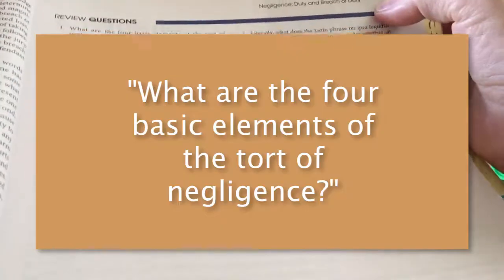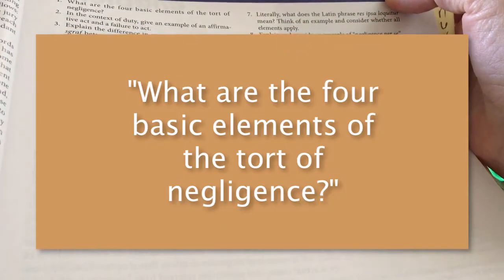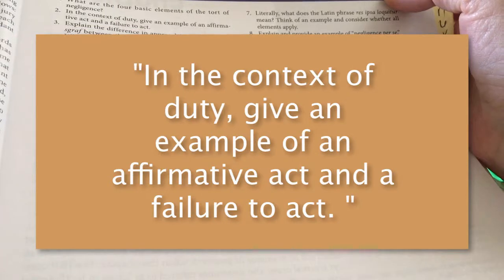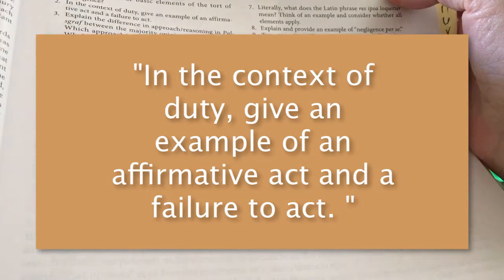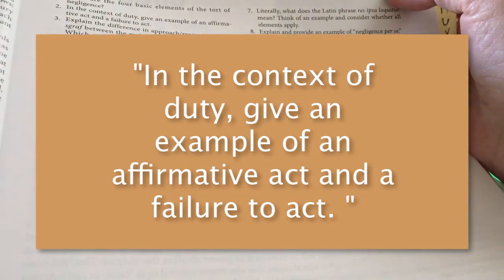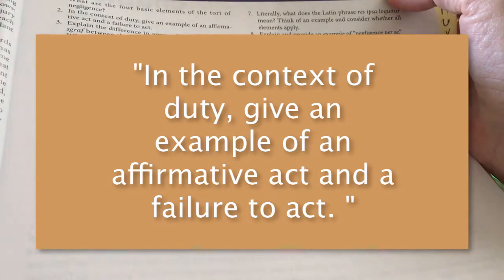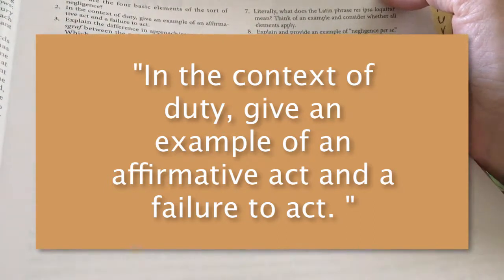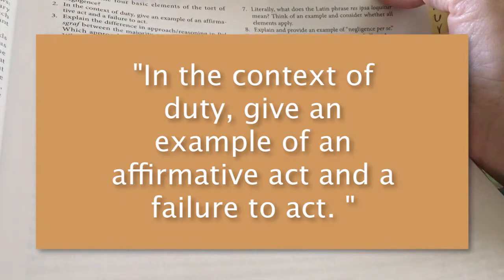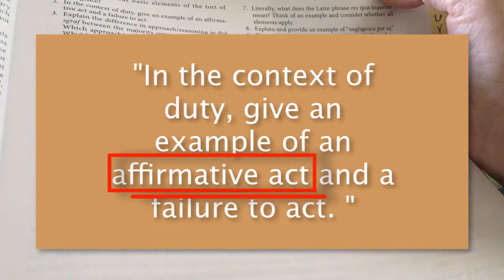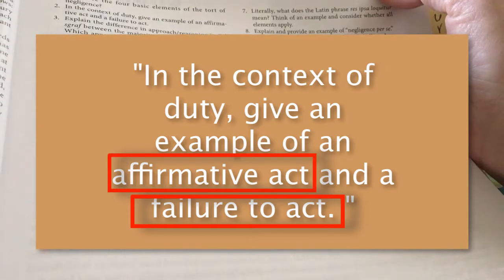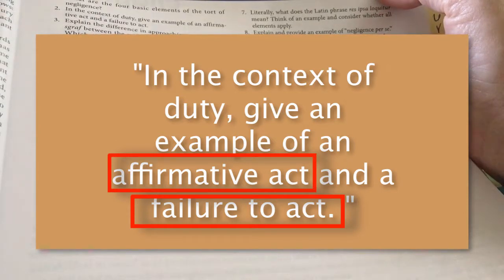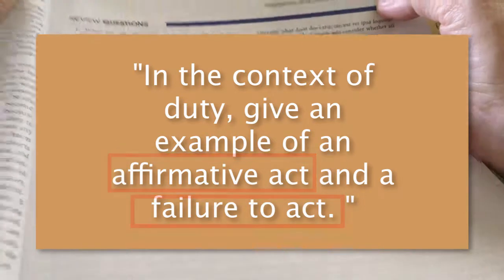I see the review questions here start with, what are the 4 basic elements of the tort of negligence? Number 2, in the context of duty, give an example of an affirmative act and a failure to act. So already I know I'm going to be looking at basic elements, I'm going to be looking at duty, and I already know that there's 2 types of duty, affirmative act and failure to act. So already I'm going to be looking for those things to distinguish the discussion of duty.